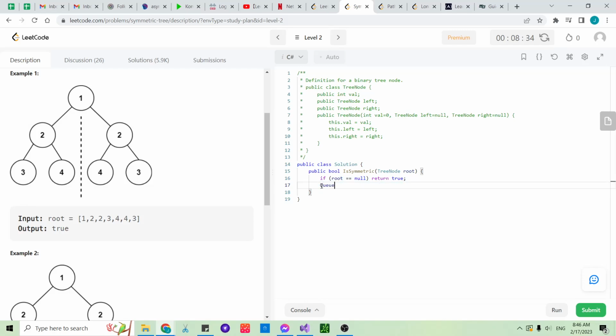So we have a queue of 3 nodes. So we do need 2 queues because we need to compare the right with the left halves. Okay. Queue left.